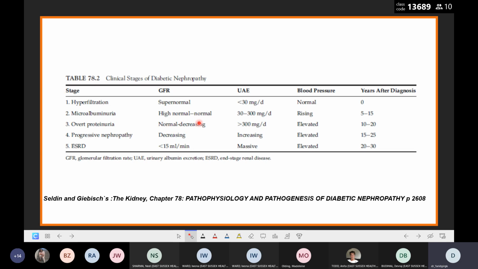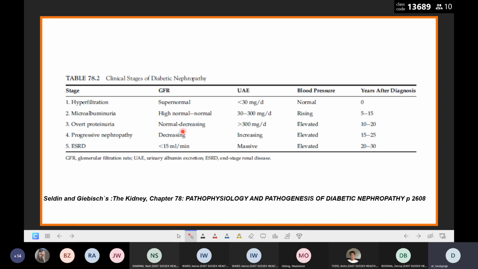Still, the GFR is normal or starts decreasing. It is 10 to 20 years after diagnosis, with an increase in the proteinuria, and the blood pressure is elevated. And after this overt proteinuria, progressive nephropathy happens with continuous decline of eGFR, increasing amount of protein, and high blood pressure. This is 15 to 25 years.